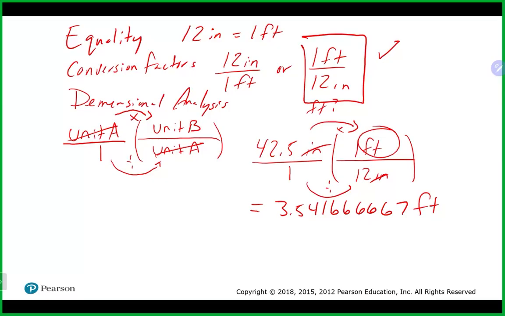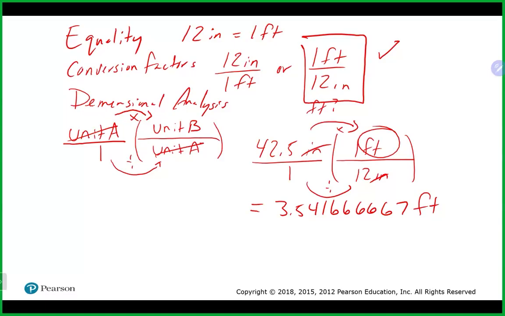So the only time we really, in a lot of cases, have to worry about a conversion factor is if we cross over from metric to English type conversions. But English to English conversions or metric to metric conversions will essentially be an exact number. You don't have to worry about it.